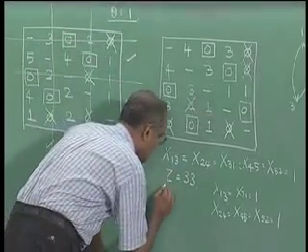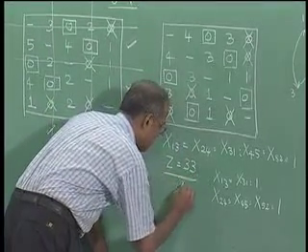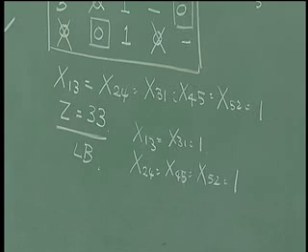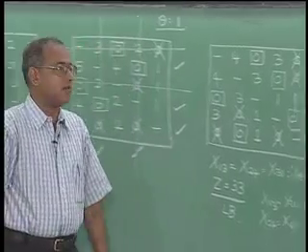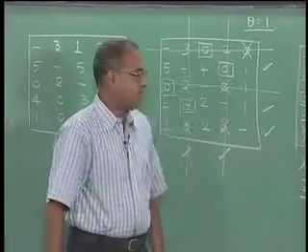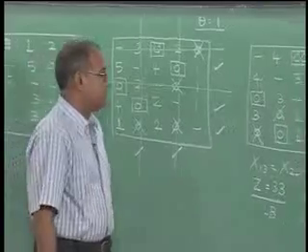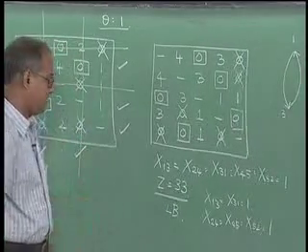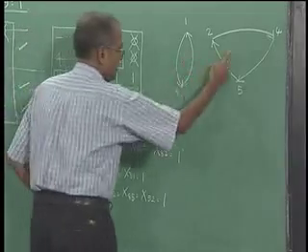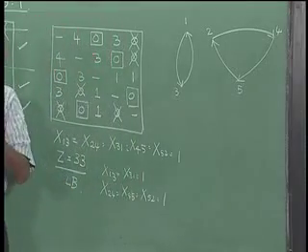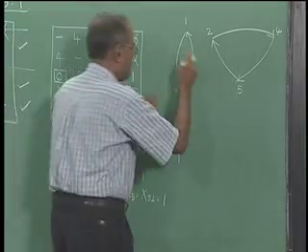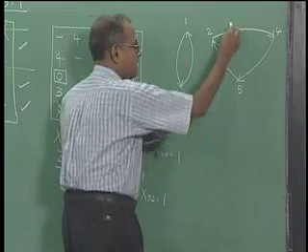Now, we can start a branch and bound algorithm with 33 as a lower bound to the optimum value of the TSP. We can also see if we can tighten this lower bound a little bit. Now, what is the motivation to do that? There are 2 subtours here, and in order to get a tour, we have to break one of these links as well as one of these links.